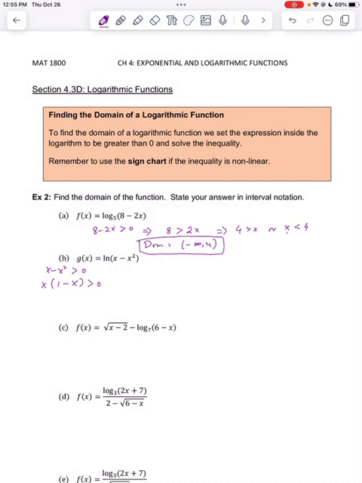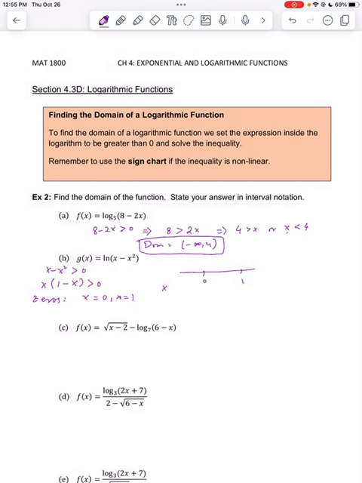Now we do need the zeros, and zeros we get when we set this expression to 0. These are the 2 zeros which we are going to put on the number line.